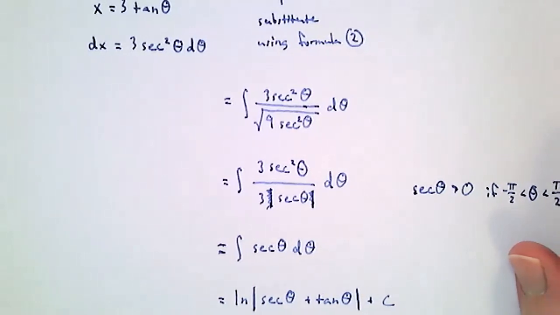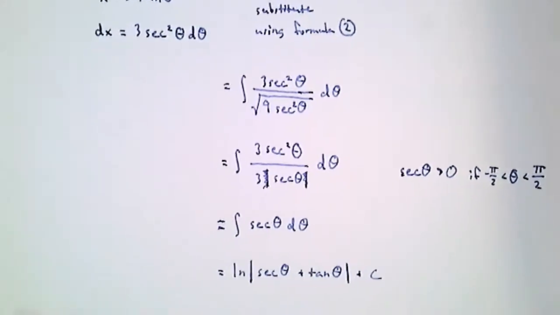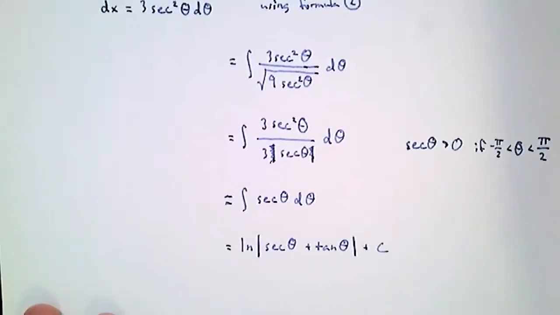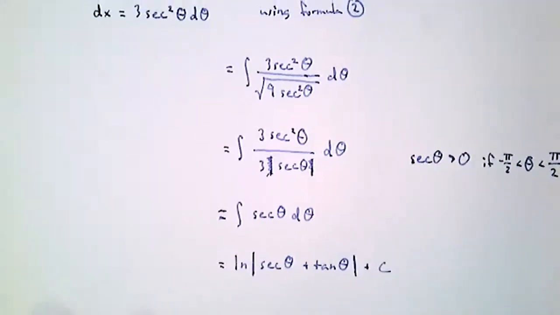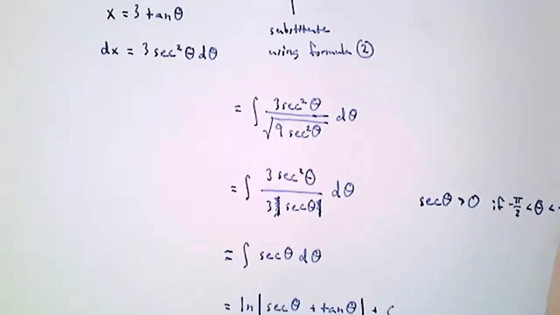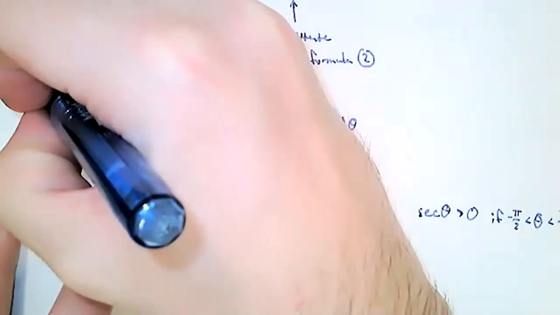We have to think about how to convert back to x's using what's called a reference triangle. So maybe over here in this little corner, we'll talk about reference triangles.